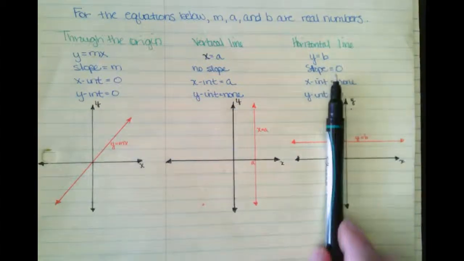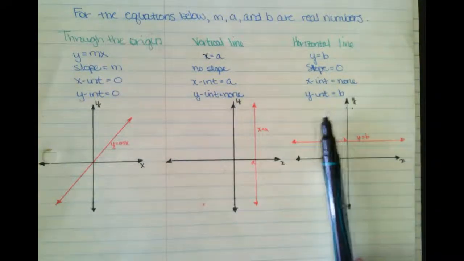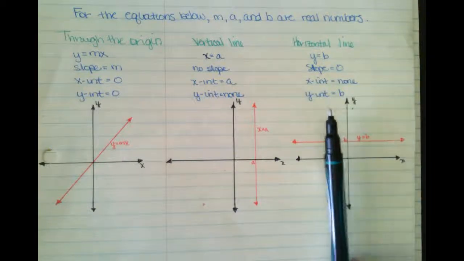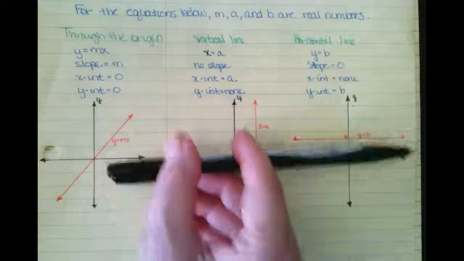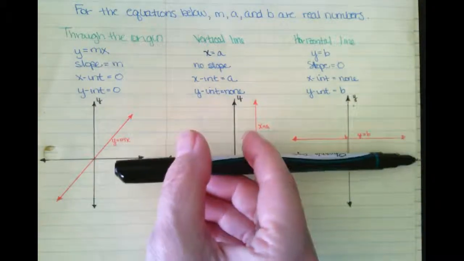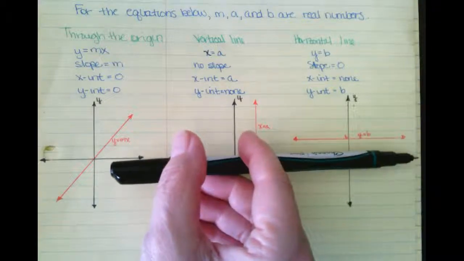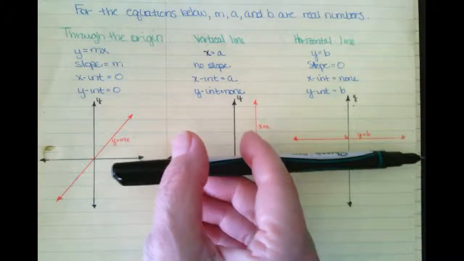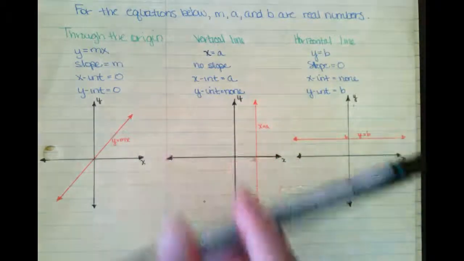The slope is 0. It is a flat line. The x-intercept is none, and the y-intercept is b. But again, if this horizontal line is on top of the x-axis, so y equals 0, then the x-intercept is the x-axis.